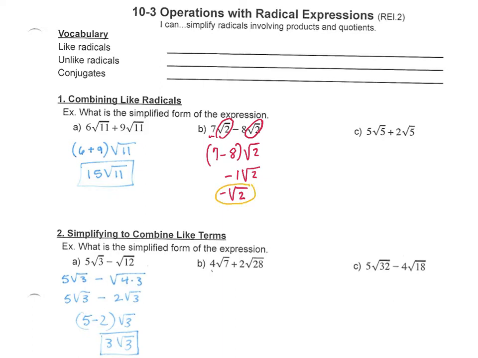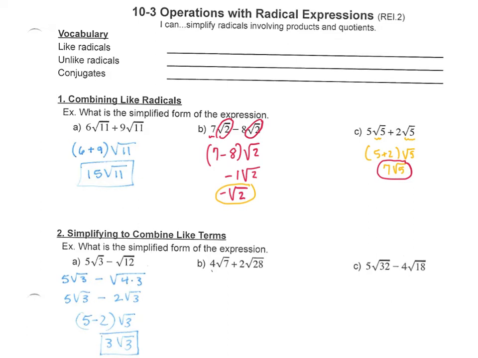So there you go, that's how we would simplify that expression. And again, C, we do have like radicals, it's the square root of 5. We have 5 plus 2 square root of 5, so combined we end up with 7 square root of 5. So that's how we combine like radicals.